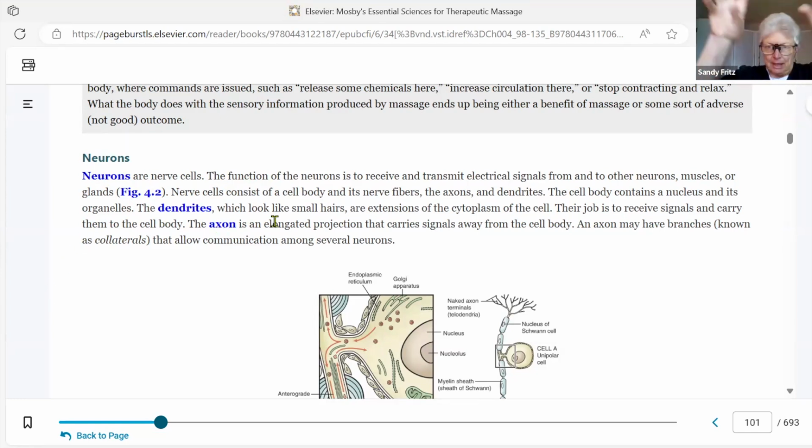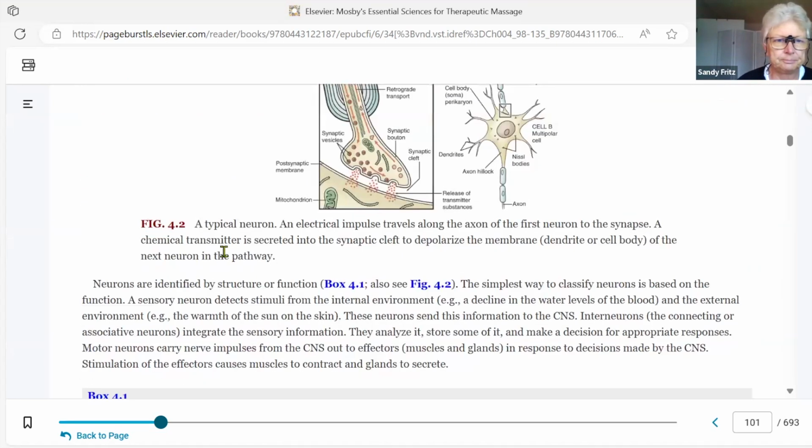Dendrites are out and about, looking around for things and sending messages, and they connect and touch with each other. And the axon is the long wire, a bigger sense of a wire that the message runs along to get to where it wants to be, where it's interpreted.